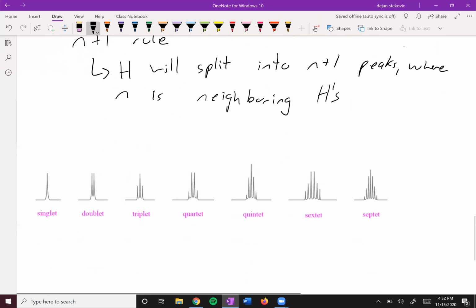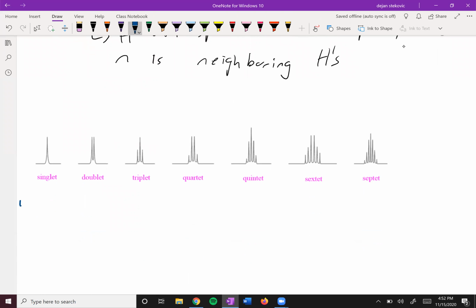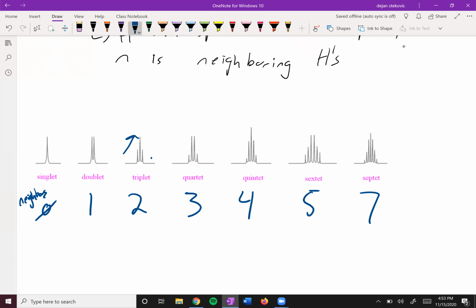Right. So for example, if you have 0 neighbors over here, you will then be a singlet. If you have 1 neighbor, you will show up as a doublet, 2 as a triplet, 3 as a quartet, 4 as a quintet, 5 as a sextet, and then 6 as a septet, right? But you see they all kind of have this organization where they're all kind of pyramiding up to the top.